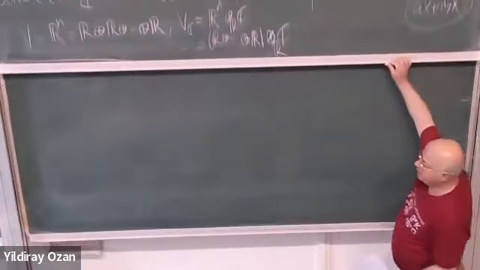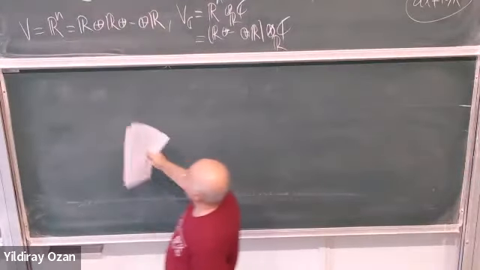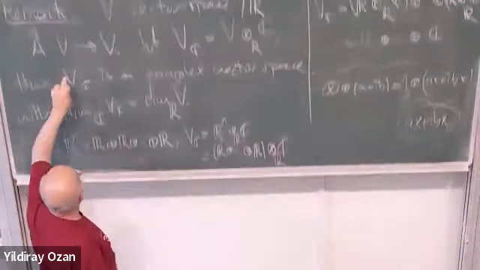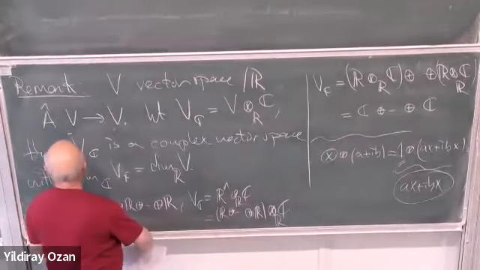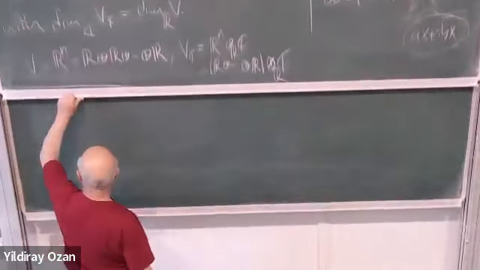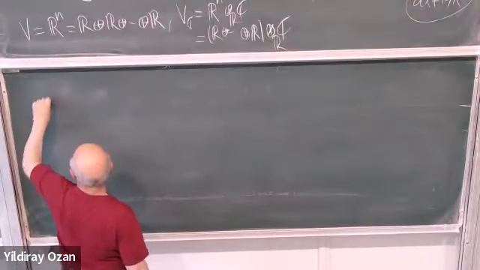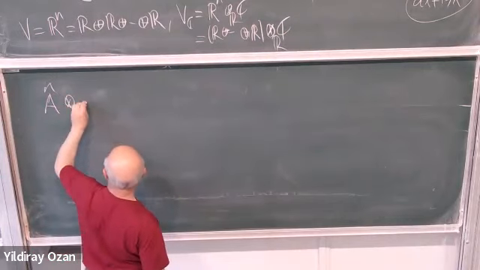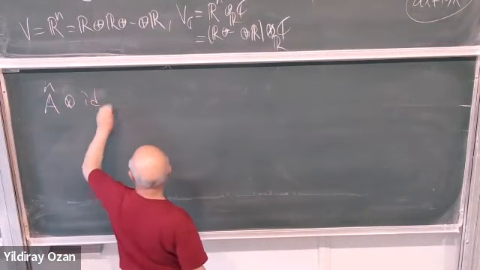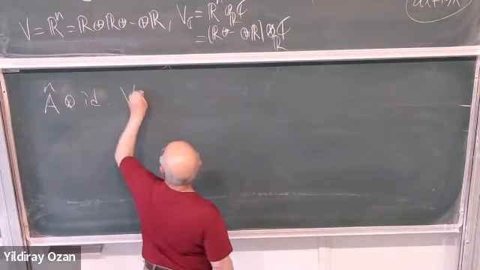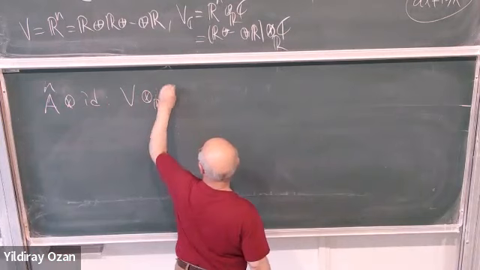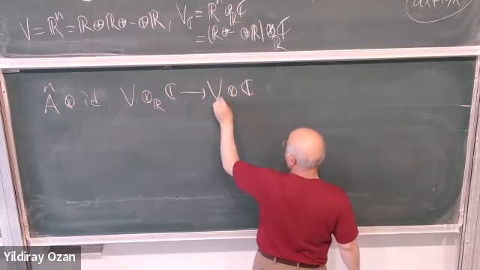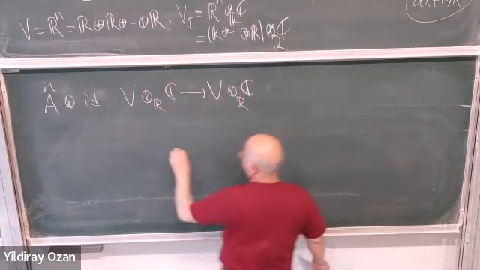What does this mean? So if A is a real operator like this, now A hat tensor, let's say, identity from E tensor C into E tensor C. What is this?